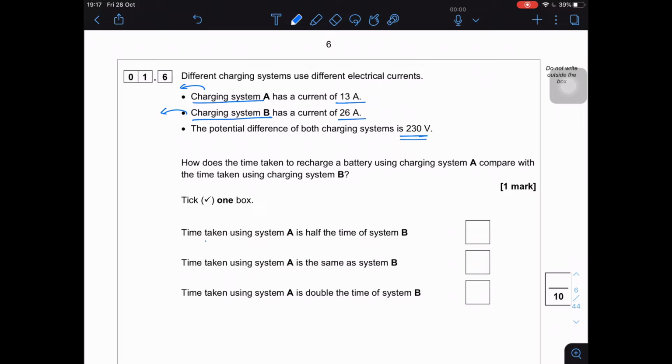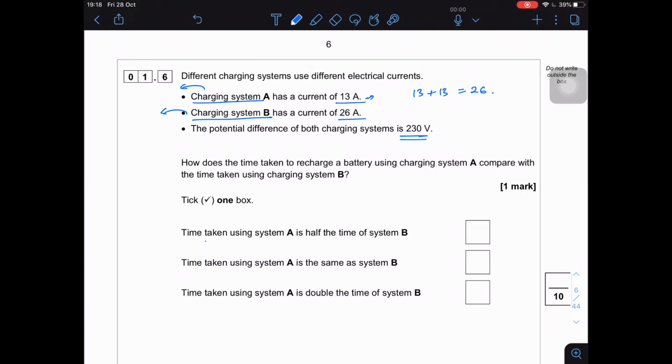The time taken using system A is half the time of system B. That's not true, because system A has 13 amperes, and 13 plus 13 is 26, whereas charging system B has a current of 26 amperes.